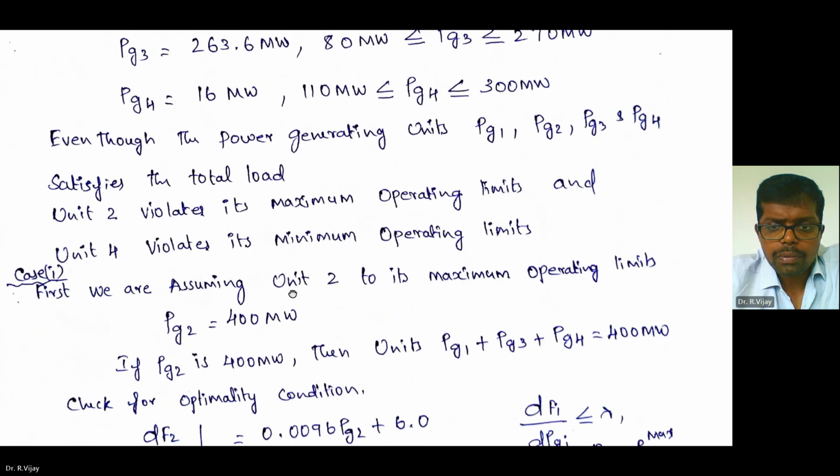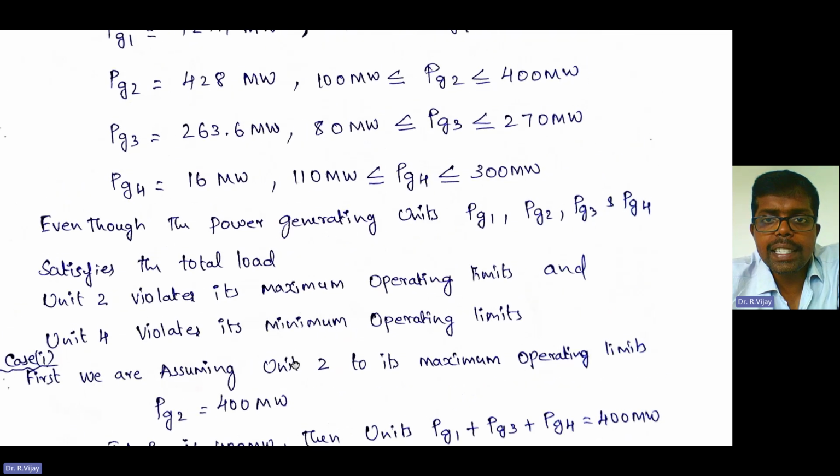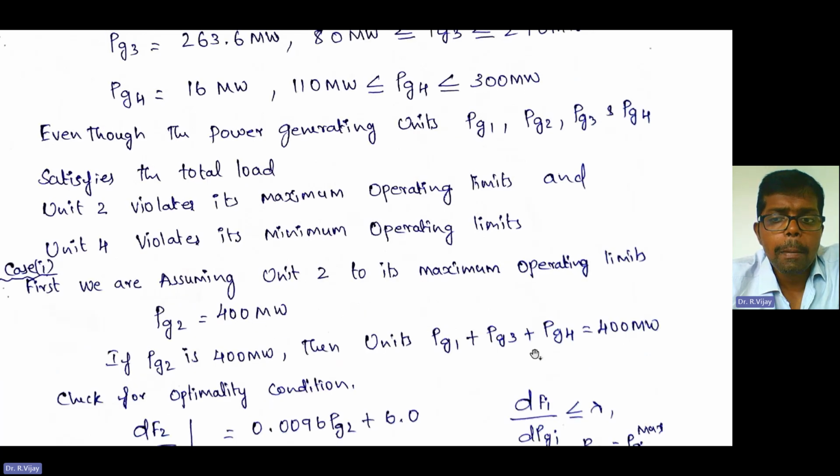So here, first we are assuming PG2 as 400 megawatt, because it is violating the maximum operating limit, so we are fixing it. Now we have fixed it, but we don't know if it is correct. If PG2 is 400 megawatt, then PG1 plus PG3 plus PG4 will be 400 megawatt, because the total demand, the total load, is given in the problem as 800 megawatt.